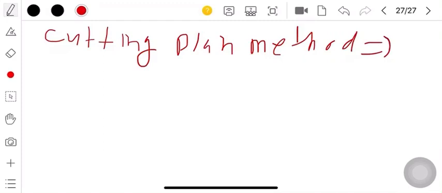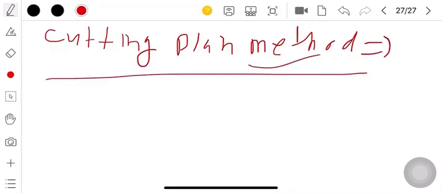You have to study it on your own, so I will not take much time on this. I'm going to discuss one more method, which is the additive algorithm for the 0-1 programming problem. So I will discuss this method very soon. The cutting plane method you have to solve yourself, but what I am going to discuss now is the additive method.